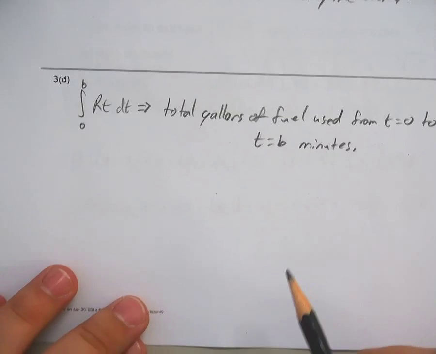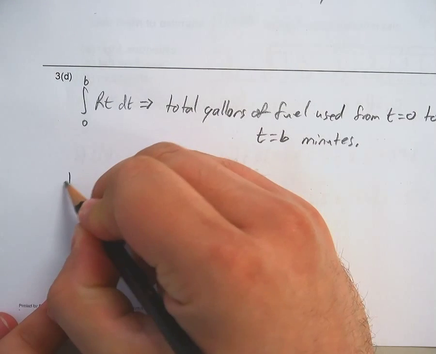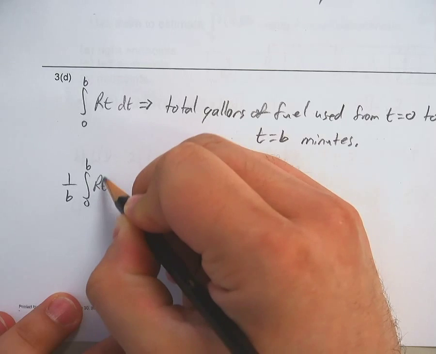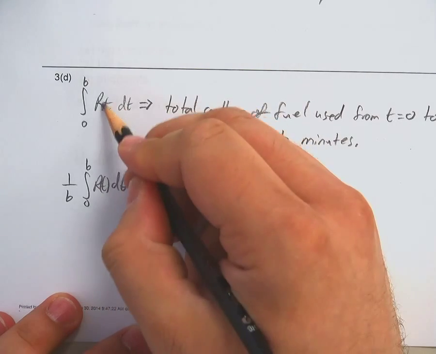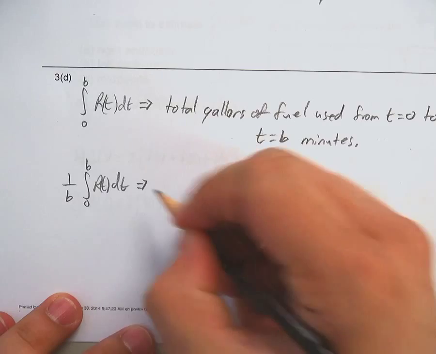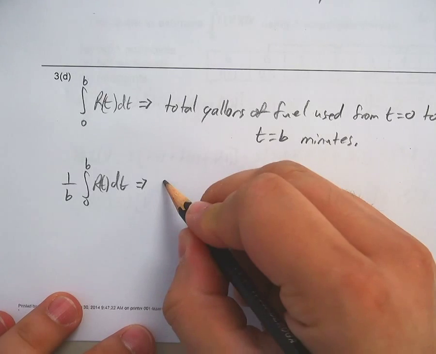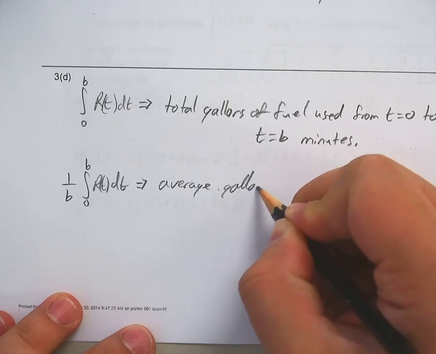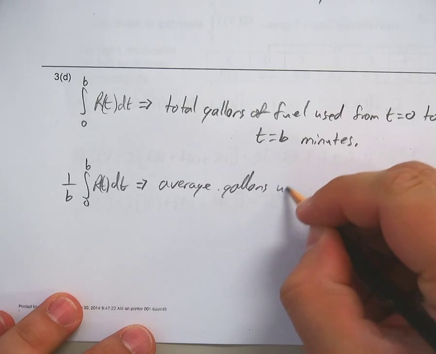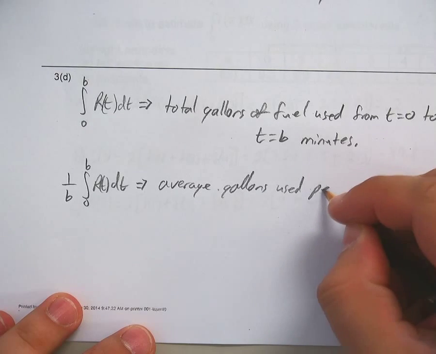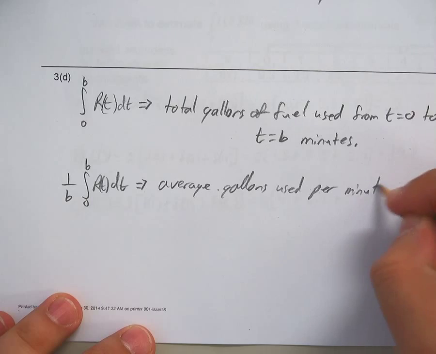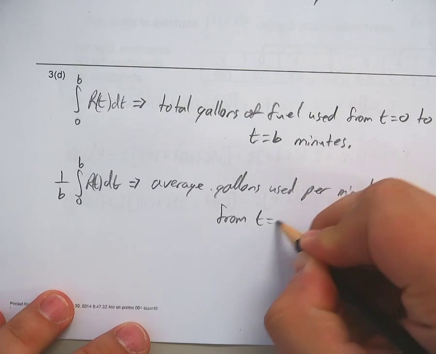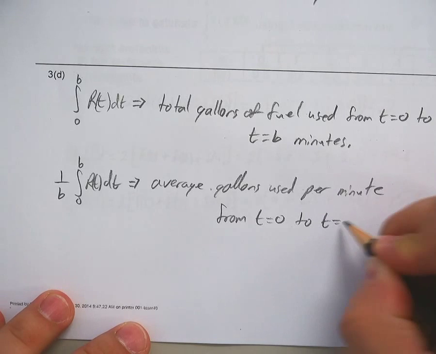You're finding an average here. 1 over b, integral from 0 to b of r of t dt. That's going to represent the average gallons used per minute. And if you're reading the integral, it goes obviously from t equals 0 to t equals b.